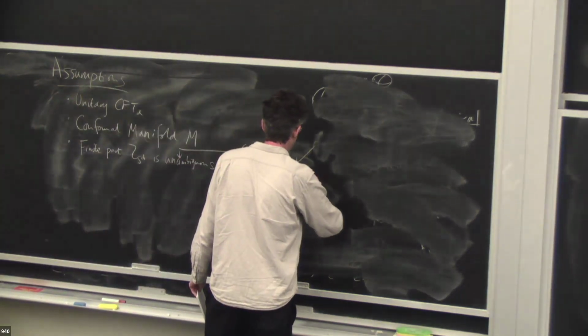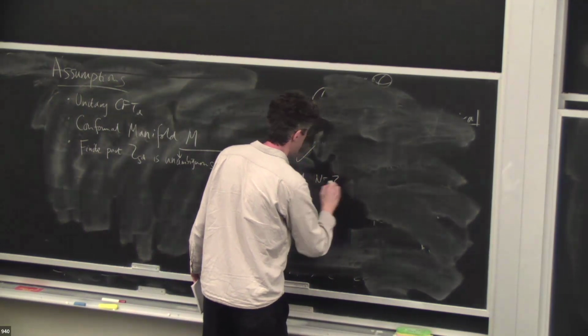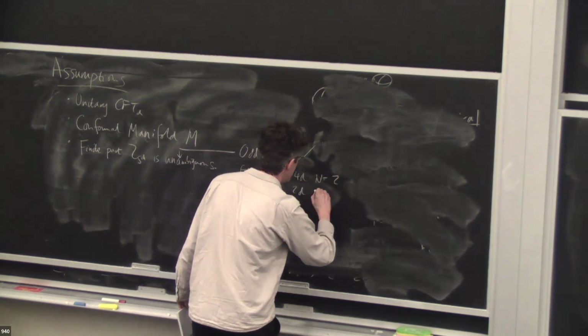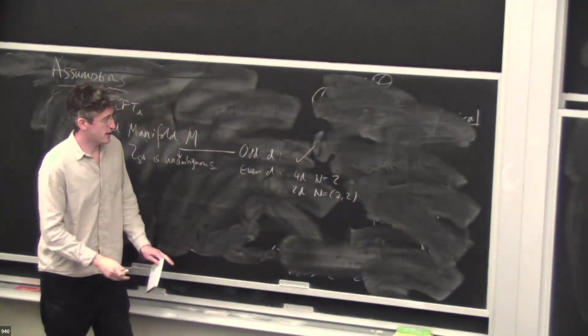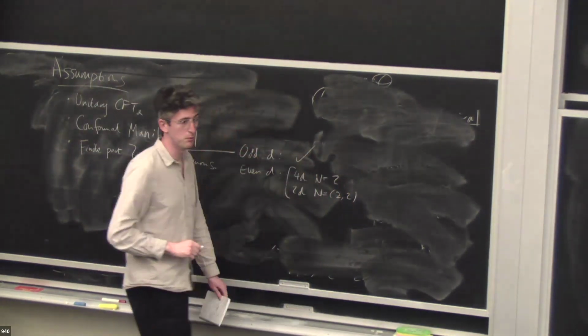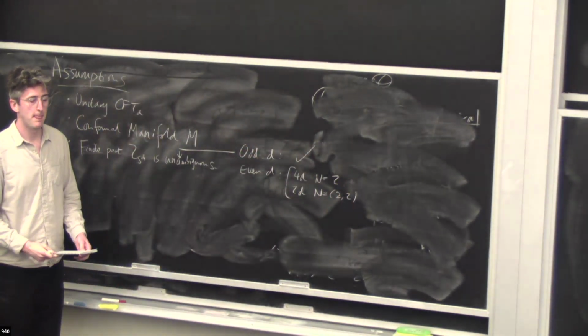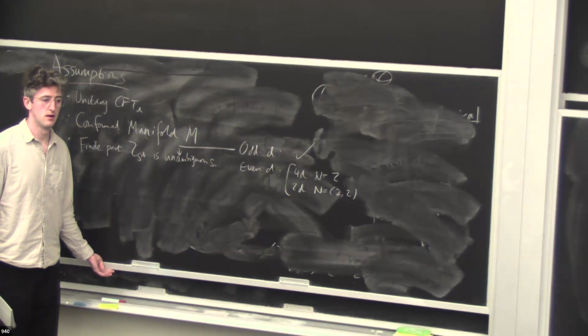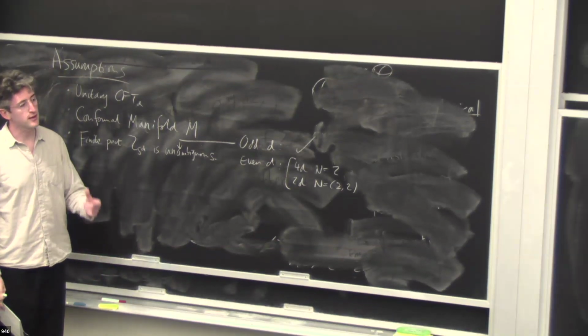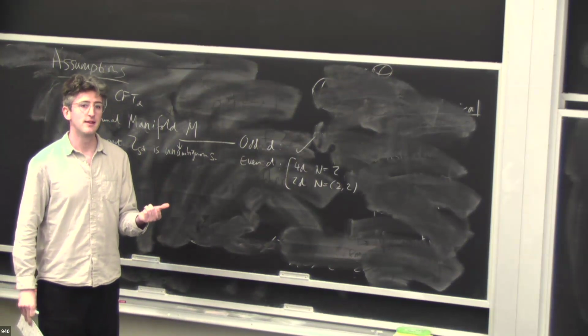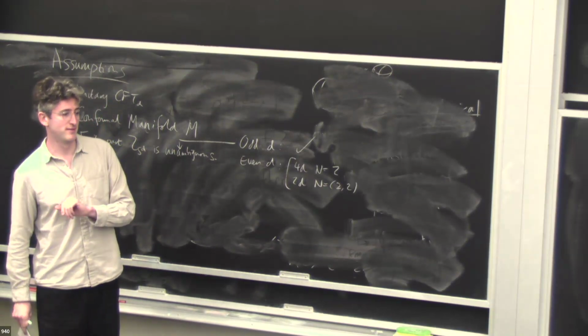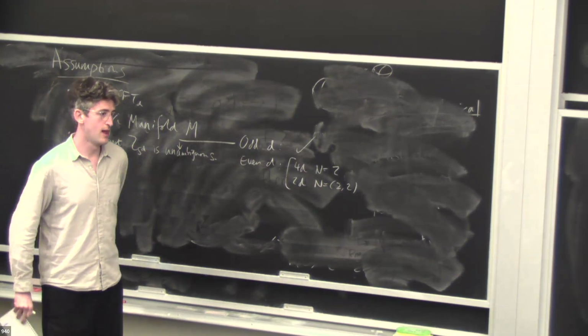So in 4D, N=2 is enough, and in 2D, N=2 is enough. These are sufficient conditions for what I'm going to say to apply. So this ambiguity is not just the conformal anomaly. The conformal anomaly is the log divergent piece, and the ambiguity is the finite piece, but it's still proportional to the conformal anomaly.